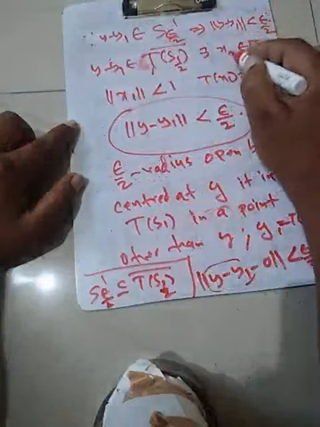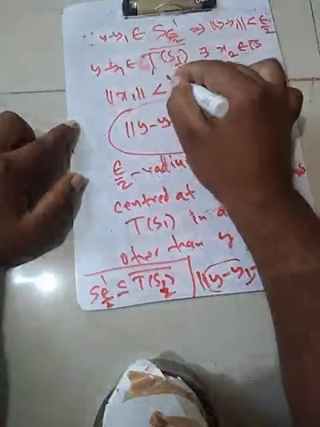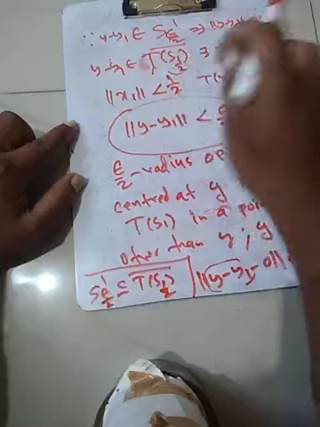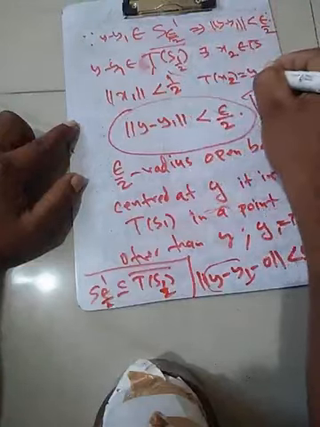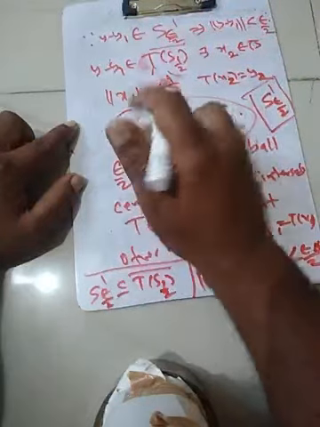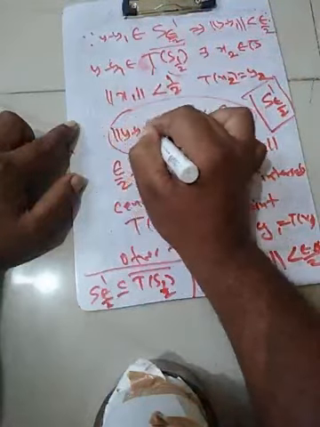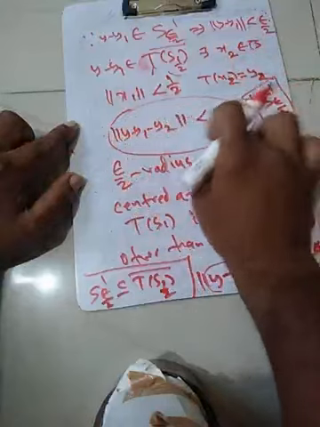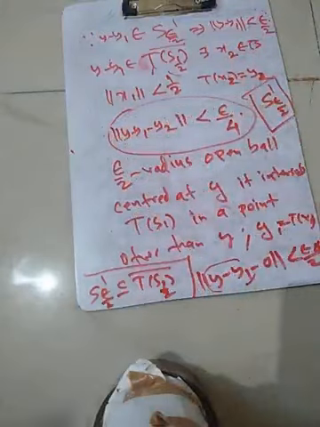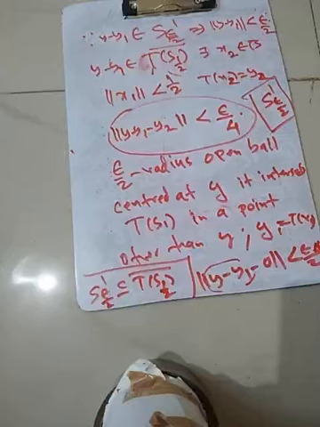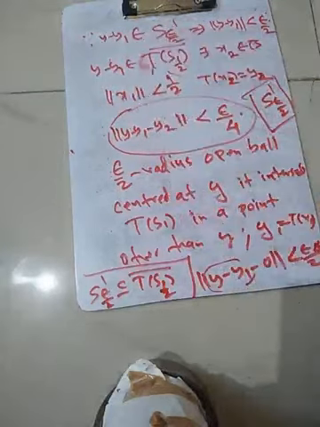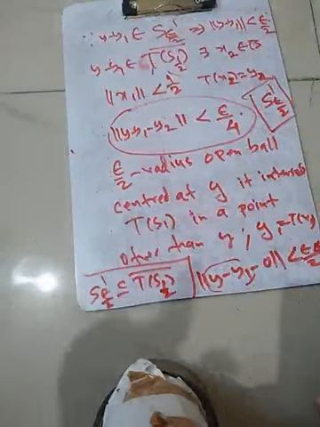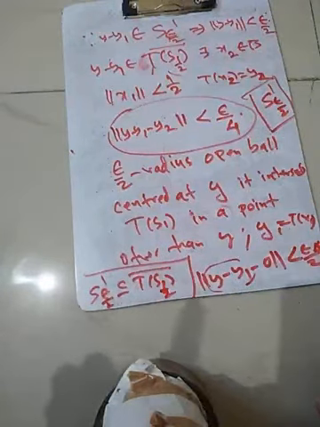There exists an x2 such that its norm is strictly less than a half, and T x2 will be y2, and the norm of y minus y1 minus y2 would be less than epsilon by 4. So if you take the epsilon by 4 neighborhood of the point y minus y1 that intersects non-trivially, we get that the norm of y minus y1 minus y2 is strictly less than epsilon by 4.